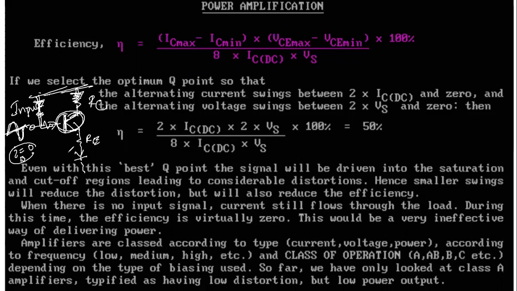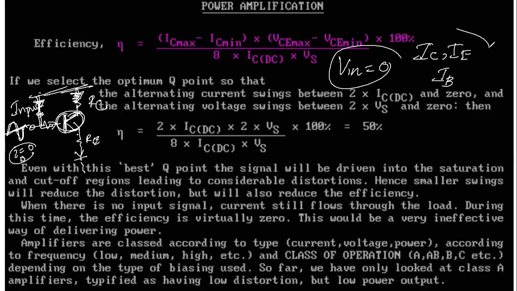Still, when your input signal is 0, you can experience that there are IC, IE, and IB currents, because to bias the transistor, you have to give some voltage. Once you fluctuate the input signal, then you can experience that these IC, IE, and IB will fluctuate.